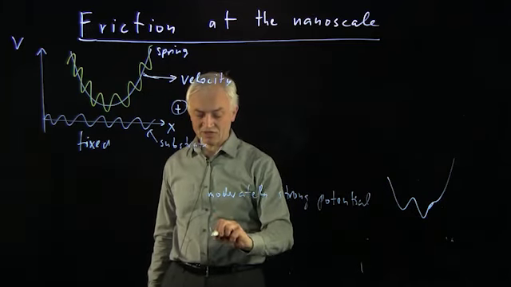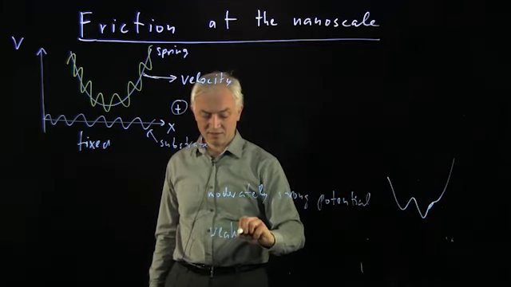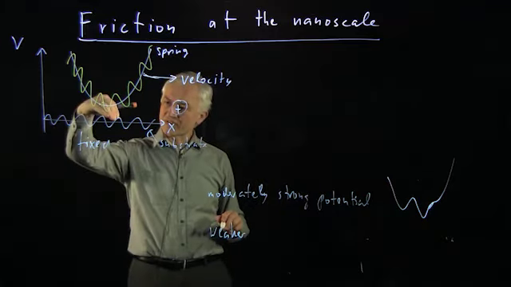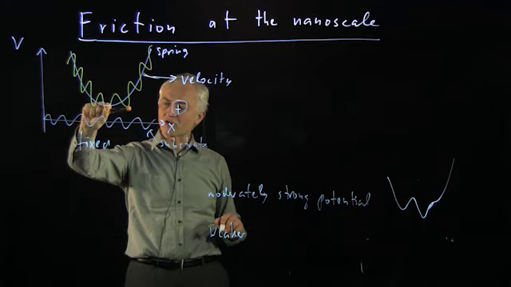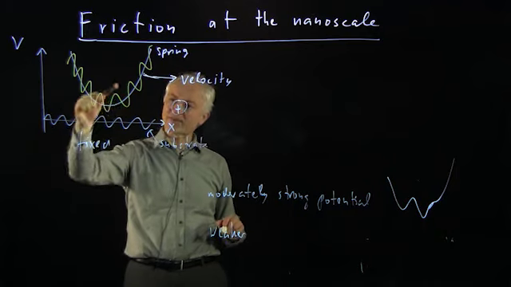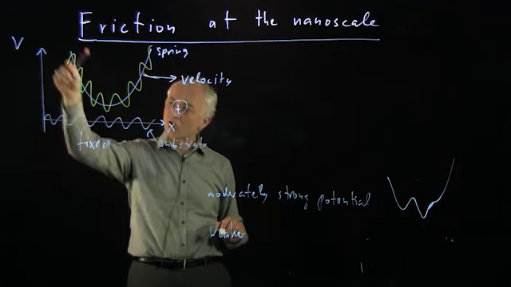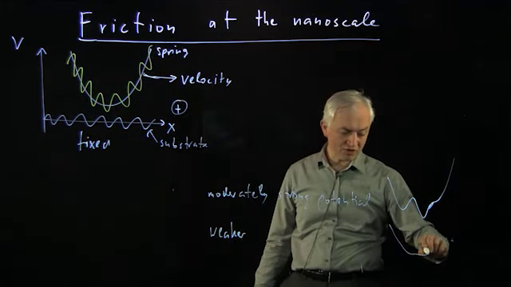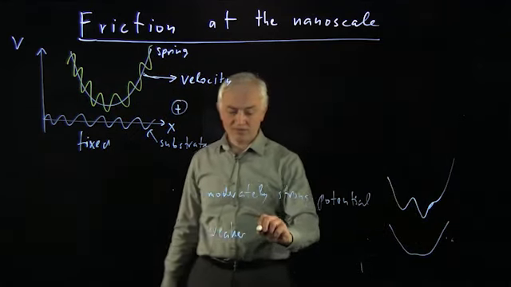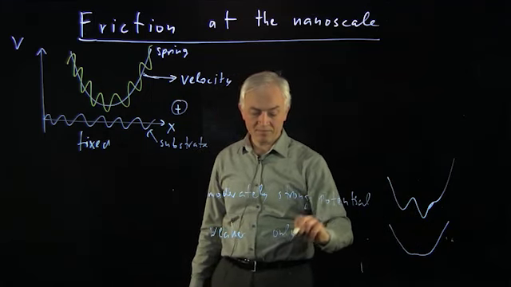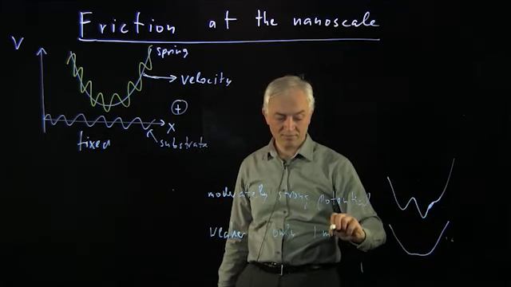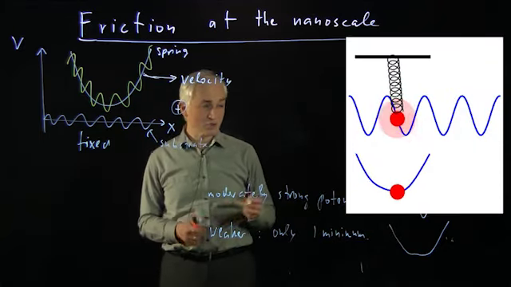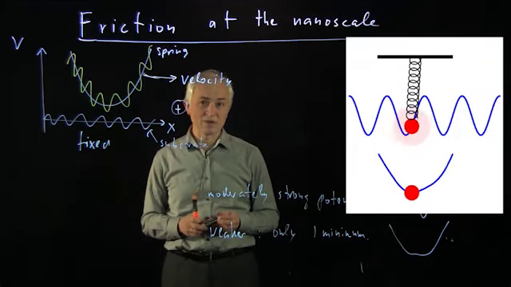We can make the potential a little bit weaker, and in that case the curvature of the periodic potential in one direction might not be enough to overcome the opposite curvature of the spring. So in this case we can end up with a potential which is slightly distorted, but we have only one minimum. So in the next movie I will show you what happens when we have just one minimum.